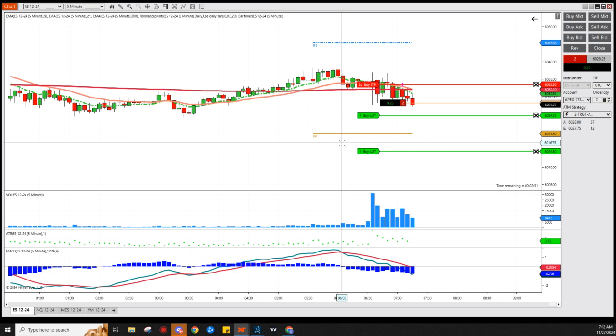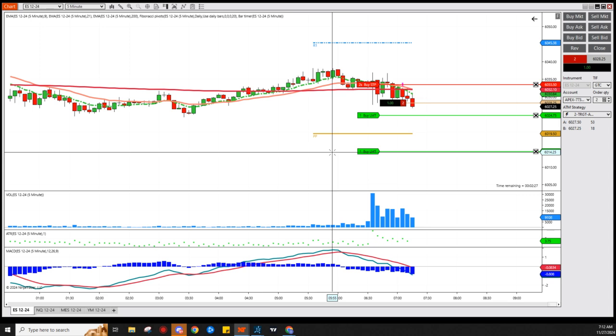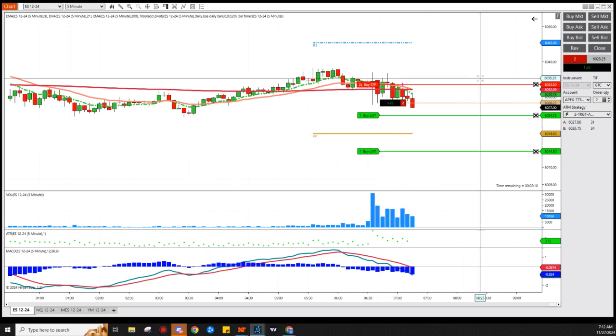The SMH just broke 237. Dude, that's a big break for Broadcom here. Let's see if we can get a retest short on Broadcom at 160.6.